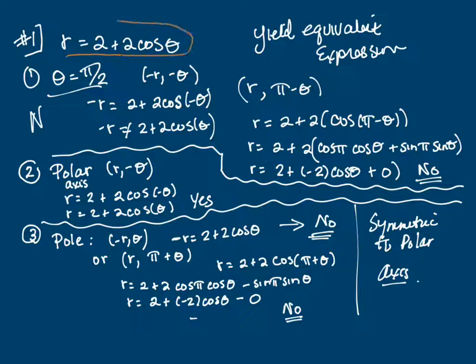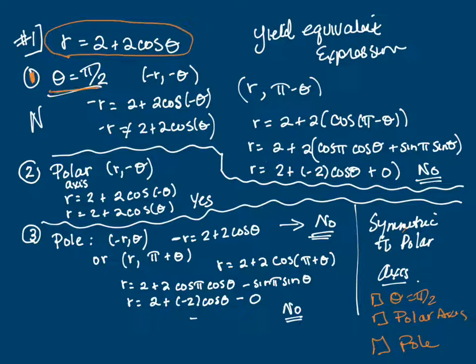Okay, here's your first example. You have this question, r equals 2 plus 2 cosine theta, and they want you to decide whether it's symmetric to the theta equals pi over 2 line, the polar axis, or the pole. So how we do this is we start with number 1.